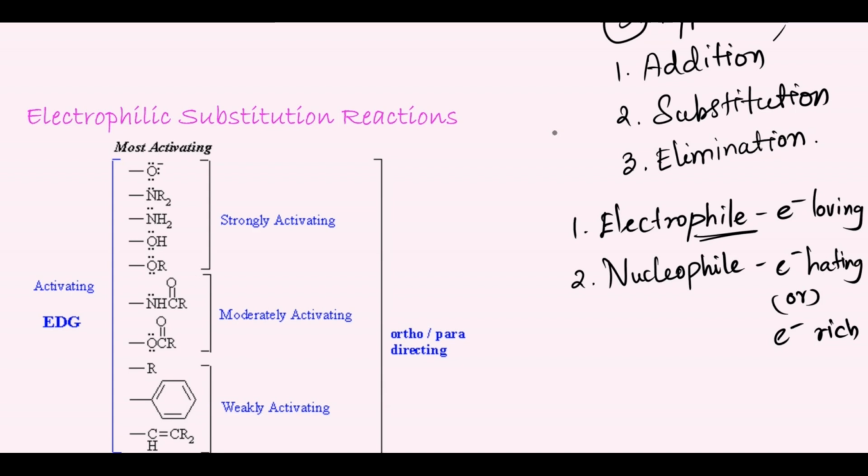Positively charged electrophiles, for example H plus, H3O plus, Br plus, ammonium ion NH4 plus, or NO2 plus. These are some electrophiles possessing positive charge. There are also neutral electrophiles, for example these Lewis acids: BF3, AlCl3, SO3, FeCl3. So these categories you can consider as neutral electrophiles.